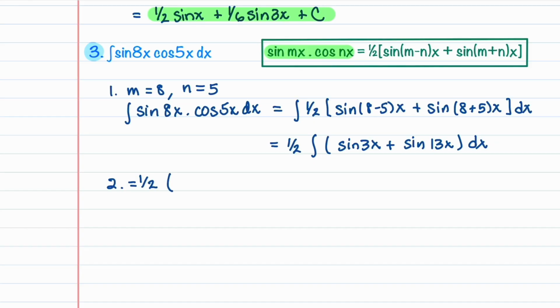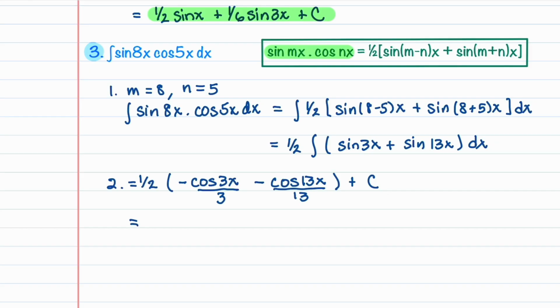Now we're going to have to be careful with signs because the integral of sine x is minus cosine x. So this first term is a minus cosine 3x. And then don't forget to divide by the 3. And then we have a minus cosine 13x. And we divide by 13. And then we add on our arbitrary constant.